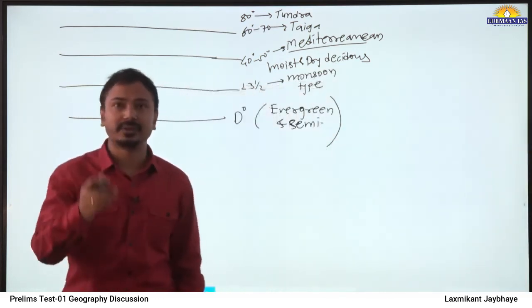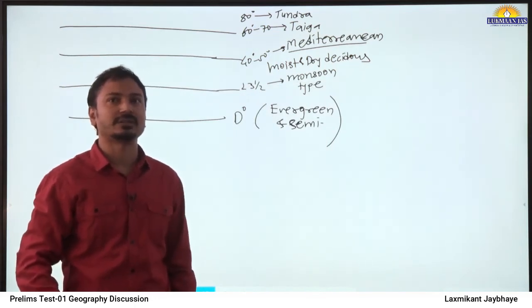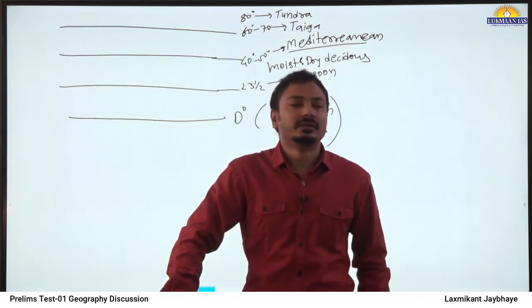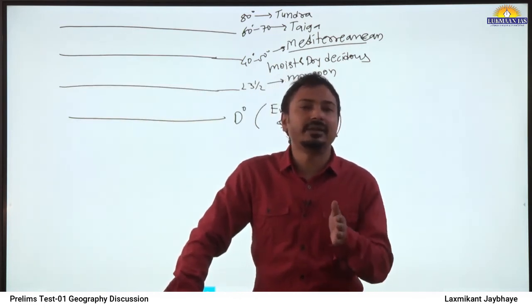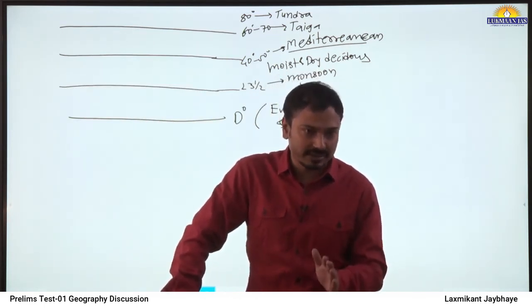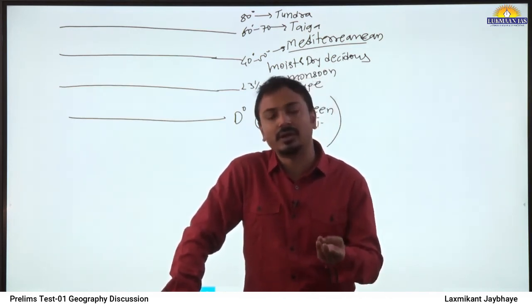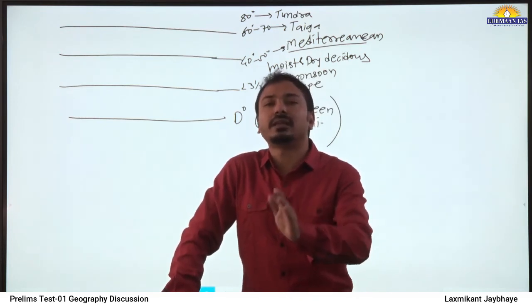Okay, yes. The difference between deep focus and shallow focus earthquake, one of the students is asking. So what is the difference? Simply you should remember that whenever there are convergent plate margins, it can be continent-continent, ocean-continent, ocean-ocean, there the deep focus earthquakes are found.